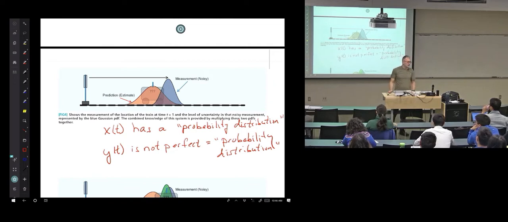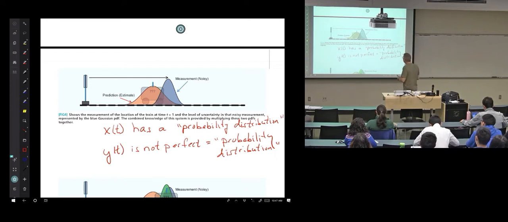Imagine it's a LiDAR. It's sending a pulse of light, it's bouncing off, it's coming back. The speed of light is pretty constant, but my ability to measure the time duration is not perfect. We're talking nanoseconds here, and my ability to measure that perfectly is lacking, and so I have a spread about my sensor measurement.